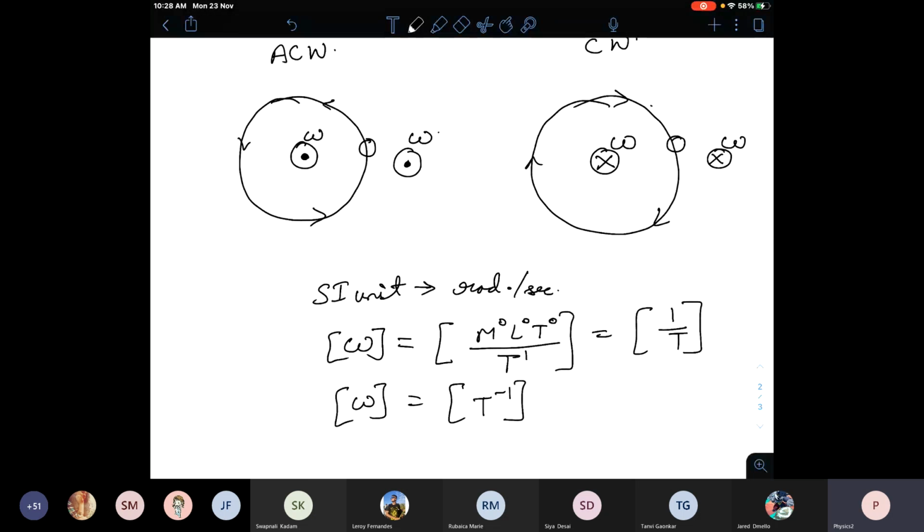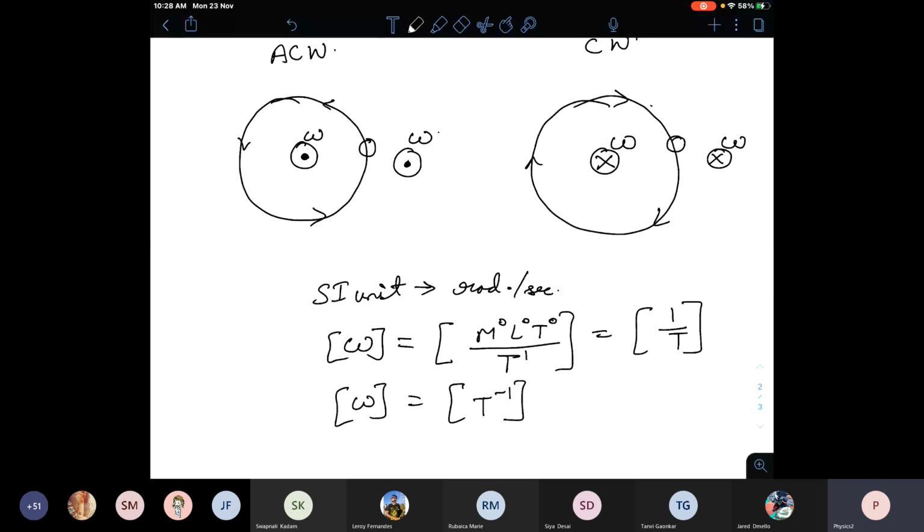It is called angular frequency. Depending on the situation, your omega can vary, because its dimension is similar to frequency. At some places, like circular motion, it will behave like velocity. At some places, like SHM, it will behave like frequency.